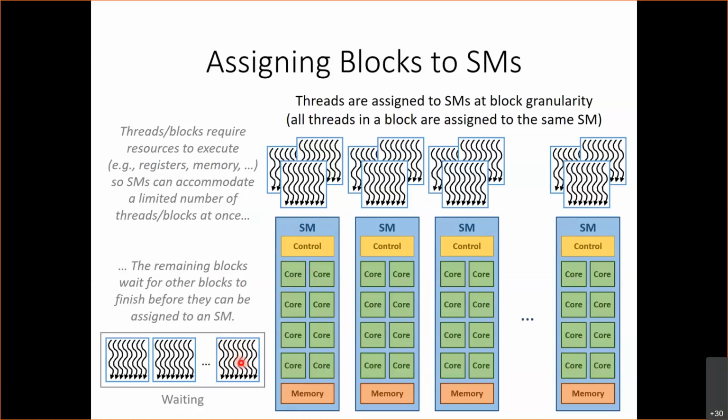But then the 512 threads that haven't been scheduled yet are waiting for the 512 threads that have been scheduled to finish executing so that they can take their place.